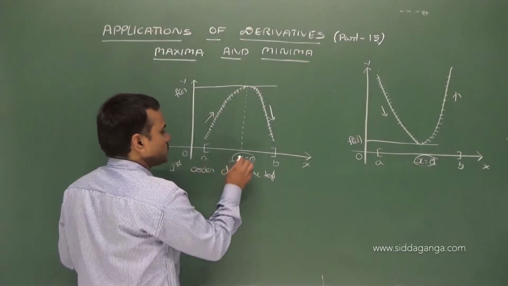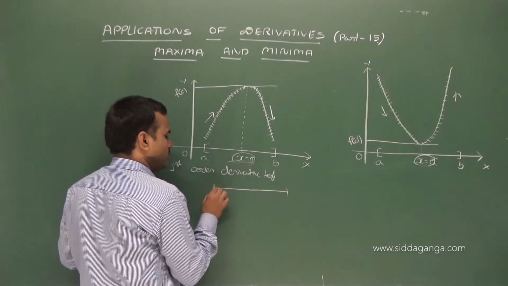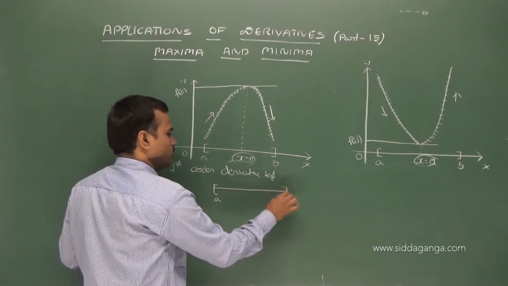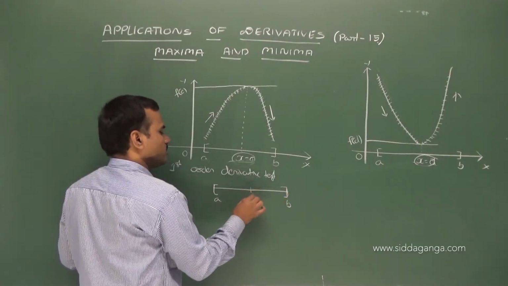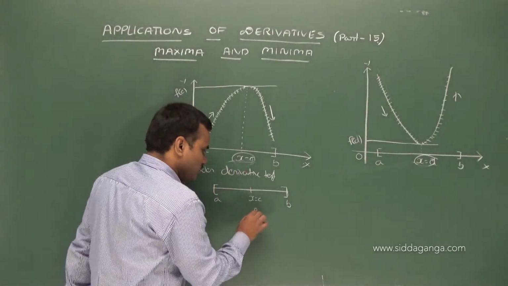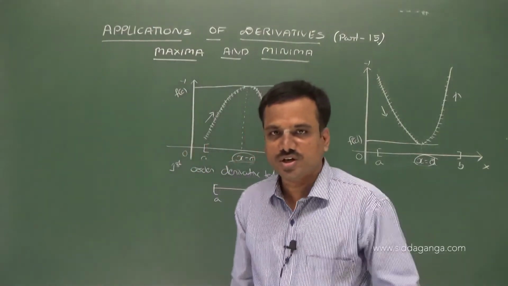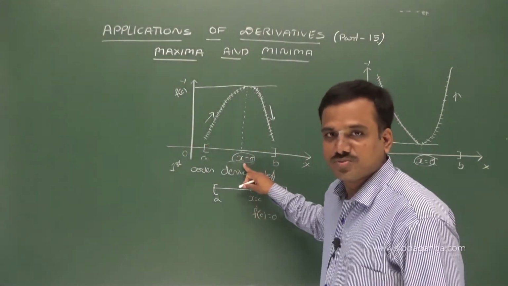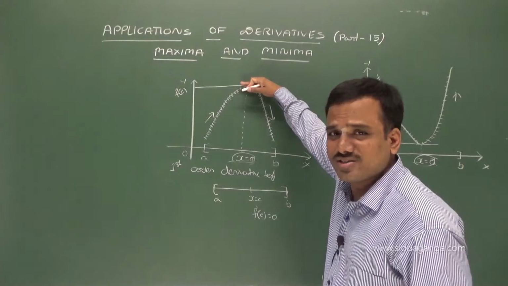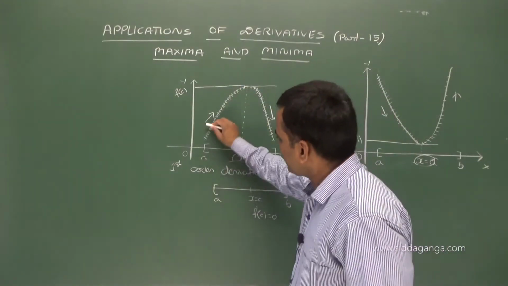Observe here, I write the interval a to b. This is the point x is equal to c. At this point, f dash of c is equal to what? 0. Correct? F dash of c at this point means the tangent is parallel to x-axis, so f dash of c is 0.